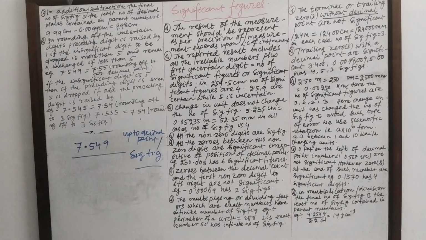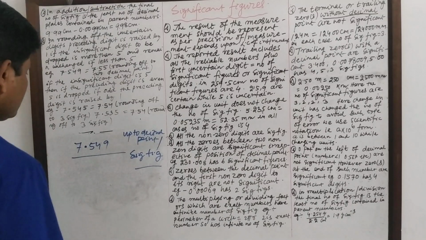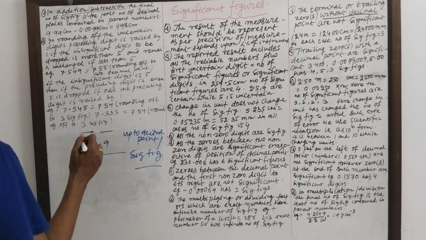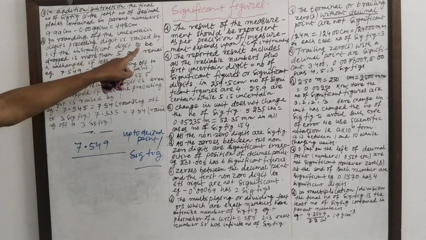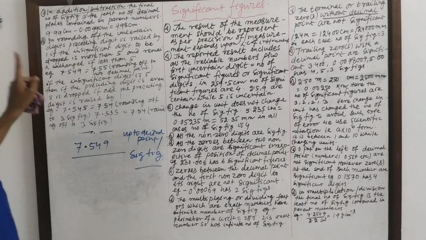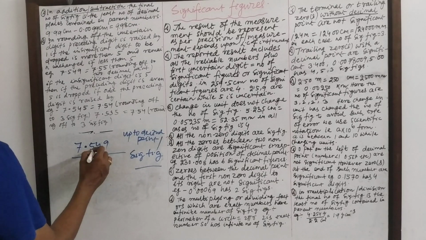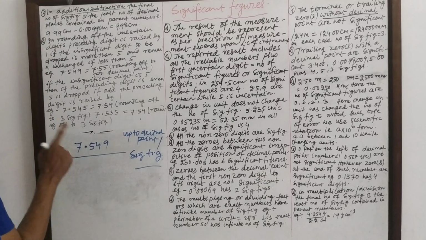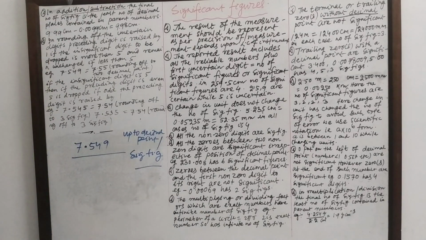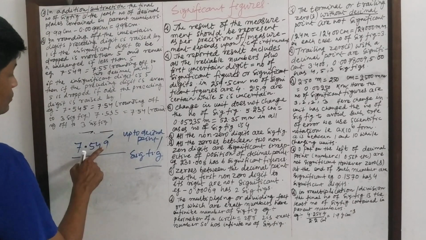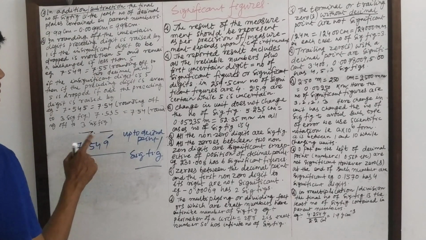If we are asked to round off up to 2 decimal points, then we have to look at the insignificant digit to be dropped. Here we are asked to round off up to 2 decimal points, so we choose the number 9 which is to be dropped, and this figure is uncertain.